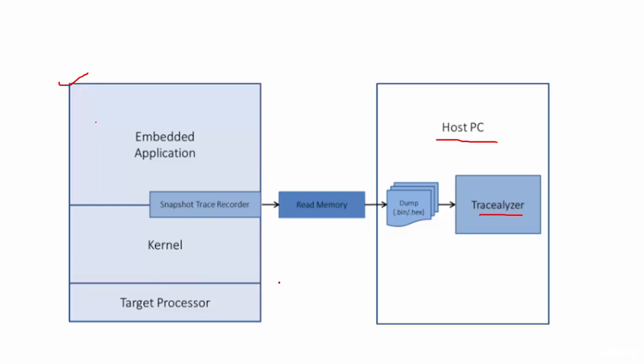Now the Tracealyzer guys will be giving one library, which we call the Tracealyzer recorder library. You have to install that library along with your FreeRTOS kernel. That library consists of one component called the snapshot trace recorder.